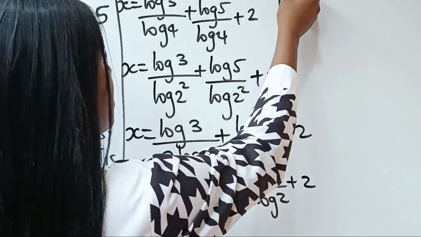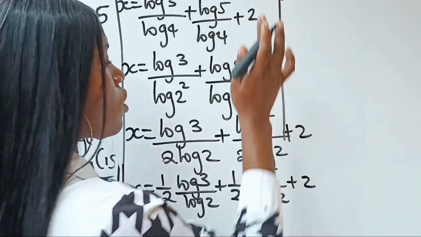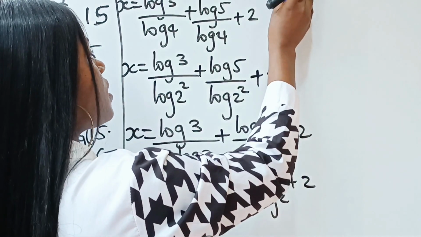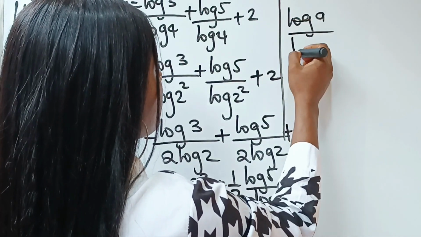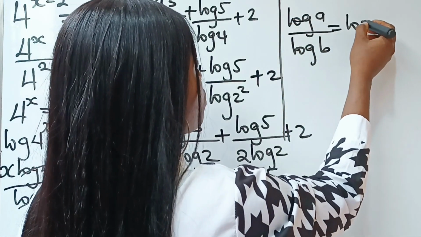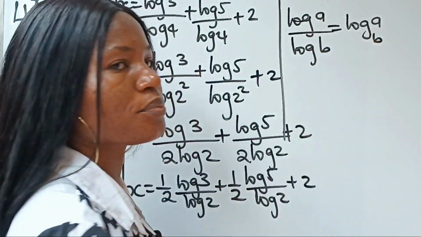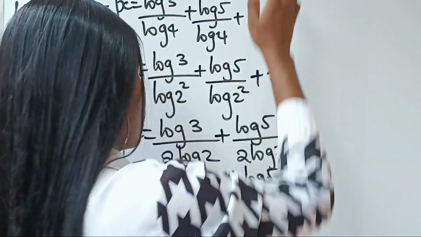Then plus 2. So this is what we have now. That means we can write that x is equal to, but before that, I want us to note that when you have log a divided by log b, this is equal to log a base b. So I'm going to simplify this further right now.